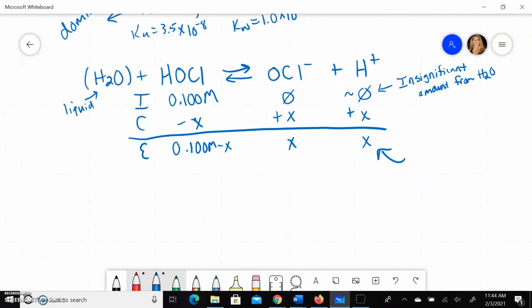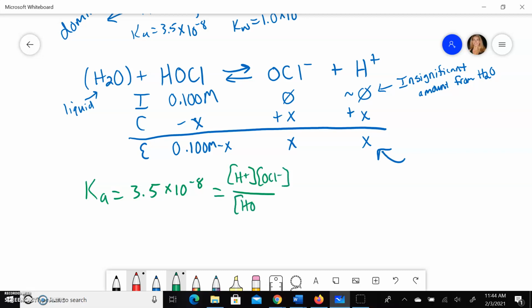So now we have Ka, and this is equal to the concentration of H plus times the concentration of OCl minus over the concentration of the acid. All of those are at equilibrium. We have x's for both of those.